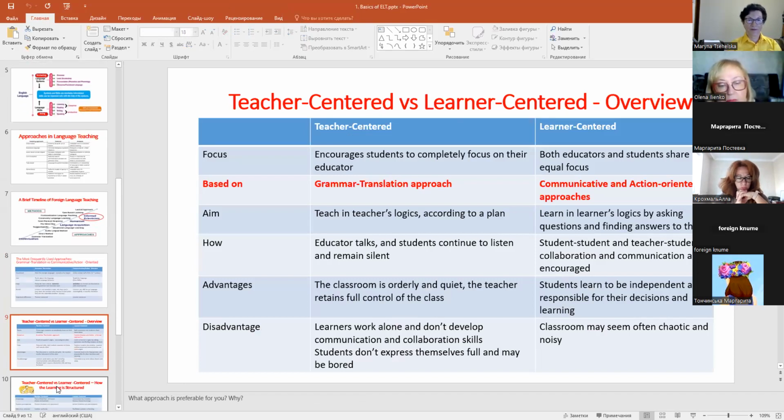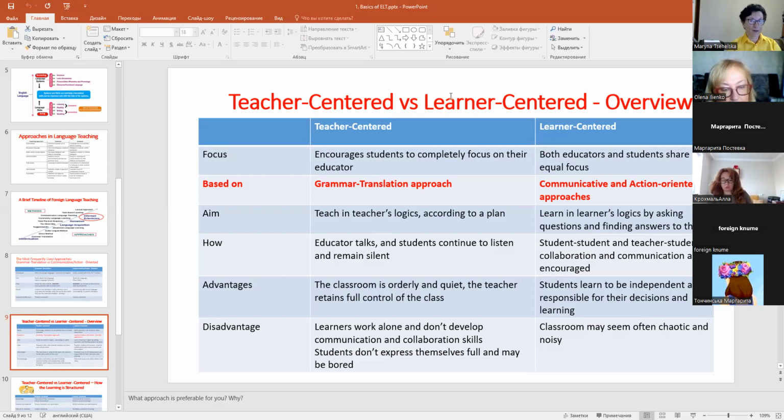If we look at the teacher-centered and learner-centered approaches, we see that they both have their advantages and disadvantages. A teacher-centered classroom is really good for a teacher.